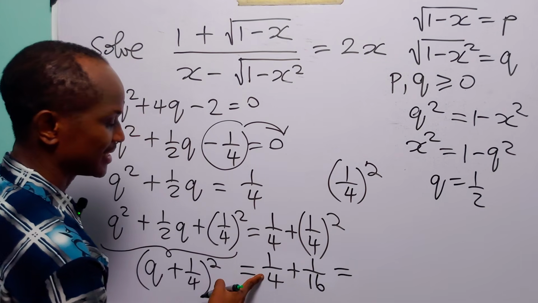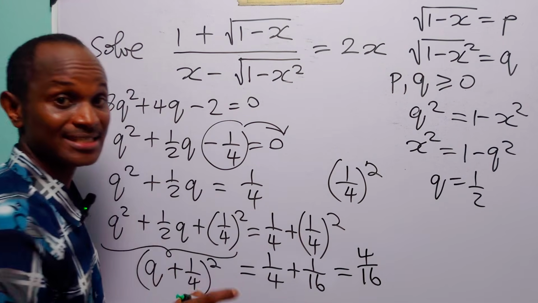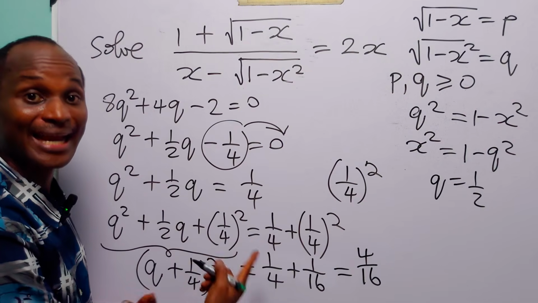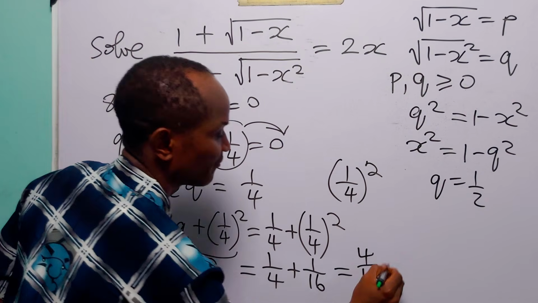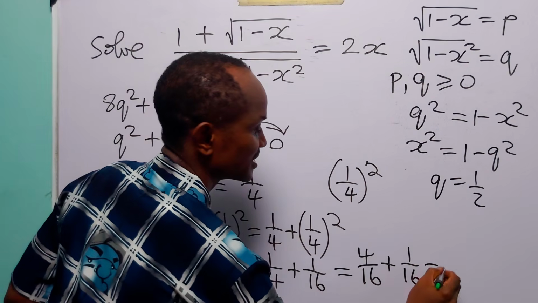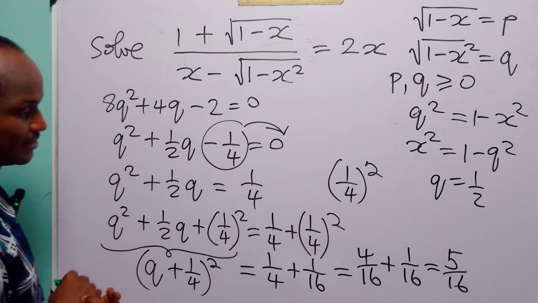Now, this can be written as 4 over 16. That is when I multiply both the numerator and the denominator by 4. Now we have 4 over 16 plus 1 over 16. And of course, this is equal to 5 over 16.